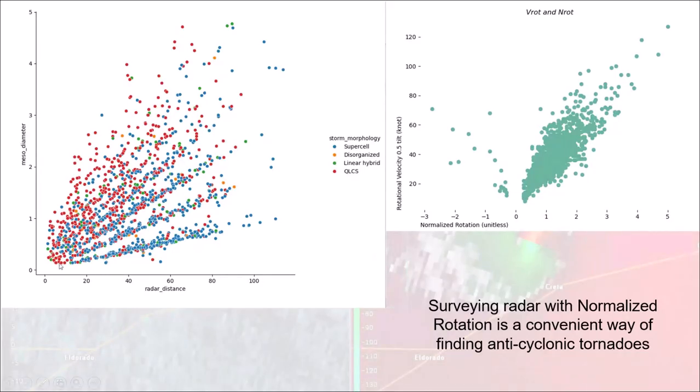Each of these lines kind of depicts where the gates are spacing-wise. So this is kind of an artificial grouping. You can see in the bottom, like 4 or 5 bins here are lines. Regardless, and as expected, supercell tornadic storms typically have a tighter couplet compared to the QLCS.